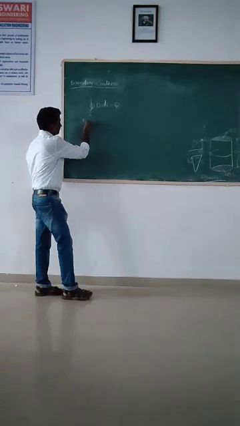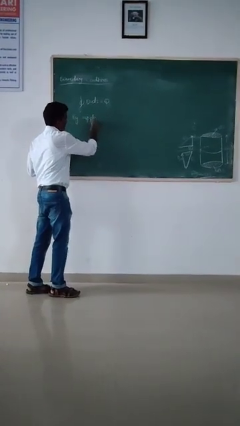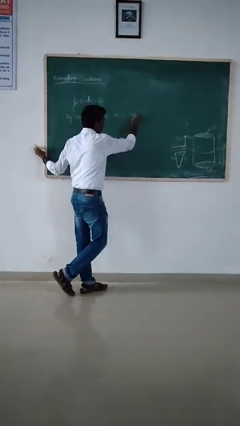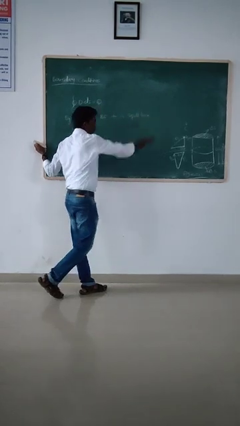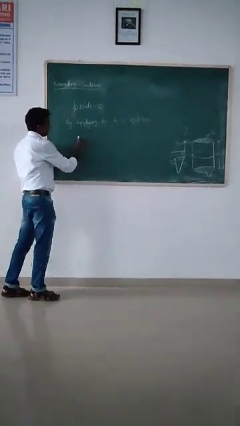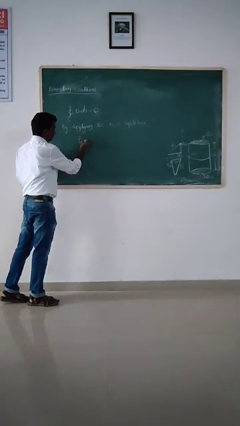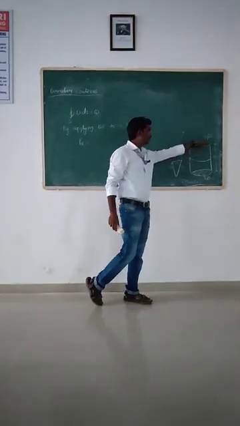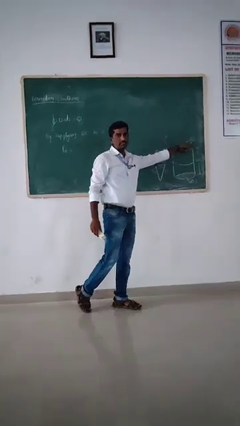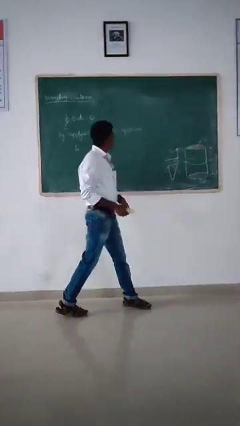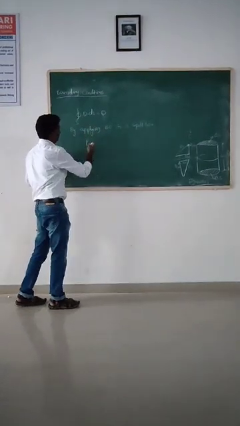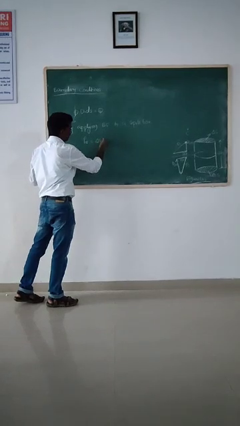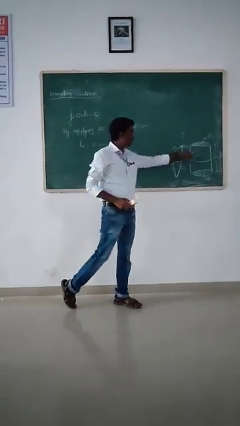Here by applying boundary conditions to a field block, we can write rho s equals to, and this is the surface and the flux is leaving from this surface, so we can write delta S D1, and this is parallel to the normal component.